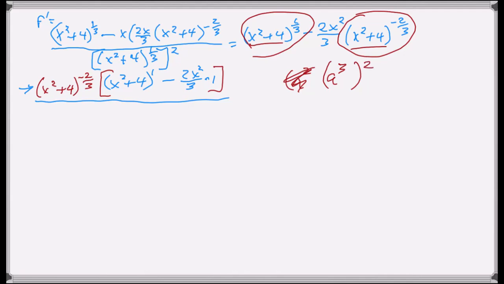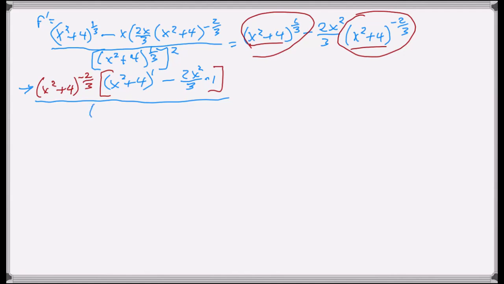I multiply the outside exponent times the inside exponent and get a to the 6th, right? Let's do something similar on the bottom here. So it's going to give me 2 times 1/3.